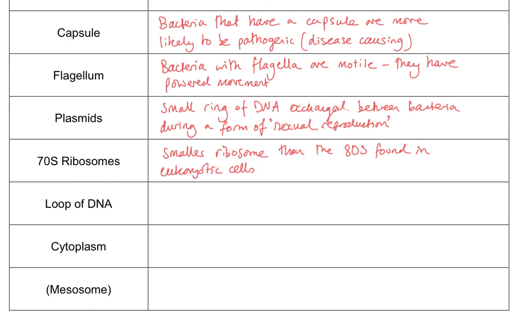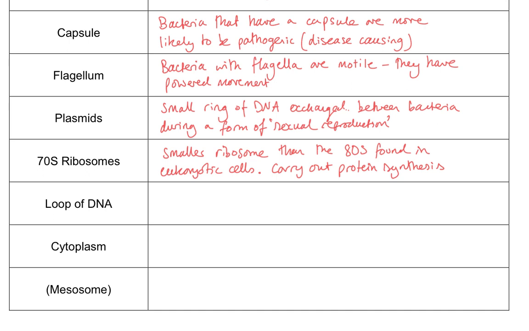So smaller ribosomes, and they still join amino acids. So I can just put that they carry out protein synthesis. So they do the same job. It's just evolution for you. Bacteria came first, and eukaryotic cells came second in terms of life, and the 80S ribosomes have been added to. It's not that they do anything different, but maybe they're a bit more efficient or something.